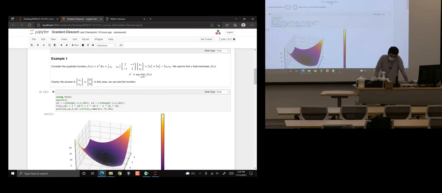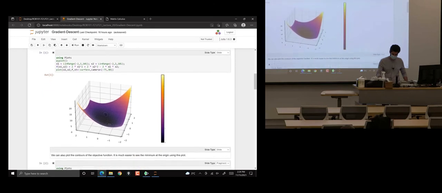And that's our objective function. We want to find x star that minimizes this function. Now, the domain of this function is 2D, therefore we can visualize it.